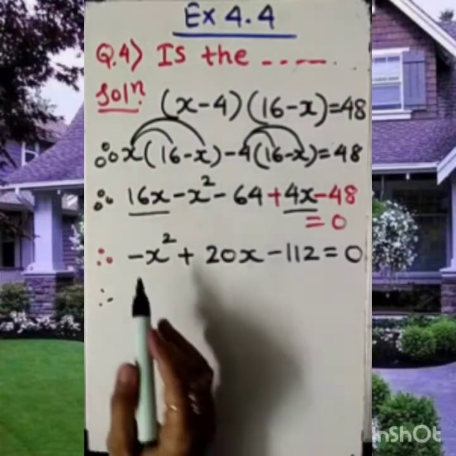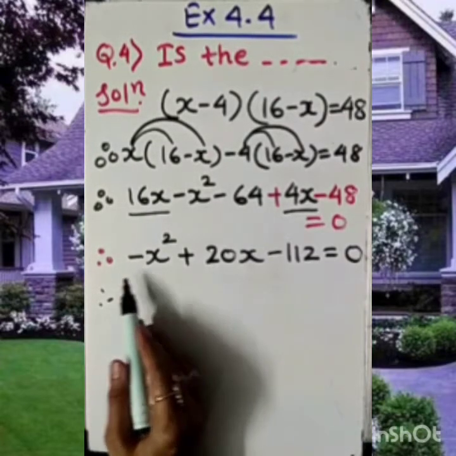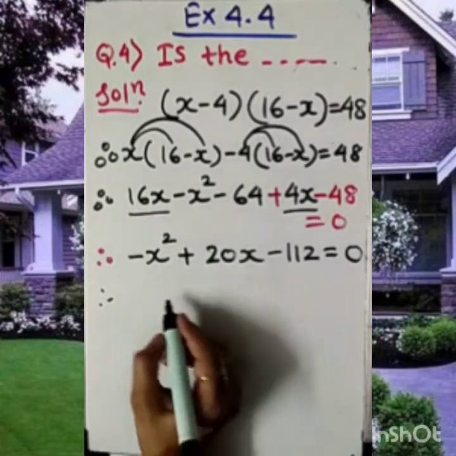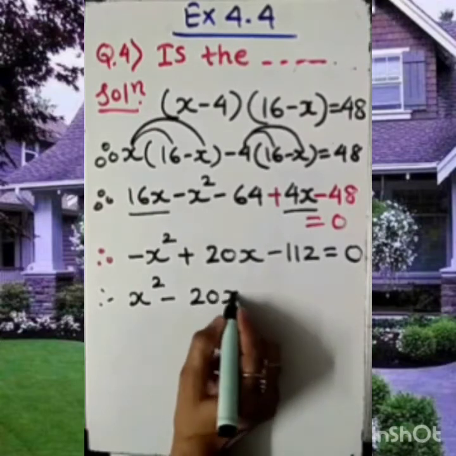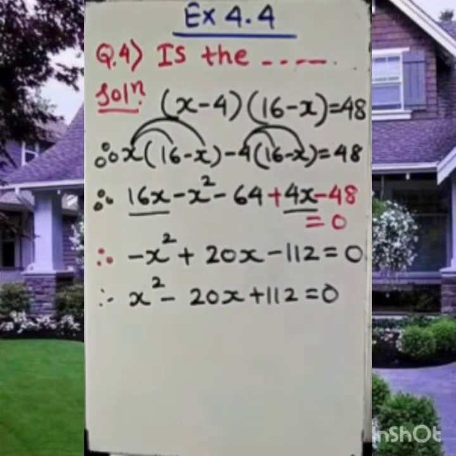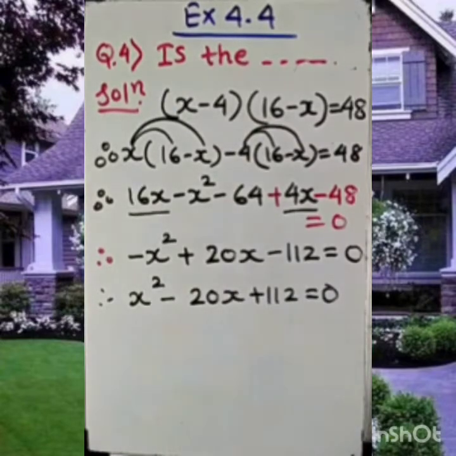Now, with the intention to remove this minus, I am multiplying all these three terms with minus 1. So I can have x square minus 20x plus 112 equal to 0. After taking out minus 1 common, or multiplying all the three terms with minus 1.